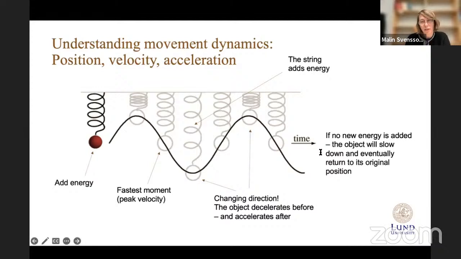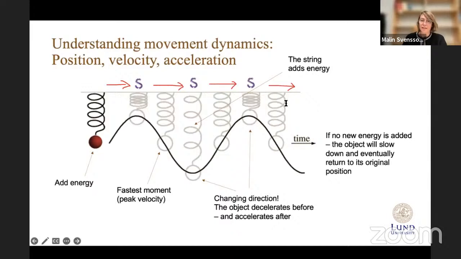After it has changed direction, it gains speed again, accelerates before it again reaches peak velocity. So you can divide the movement really into fast and slow intervals. The fast intervals is when you have peak velocity, and the slow intervals or steady states, that's when the object changes direction, and that's when it decelerates and then accelerates.